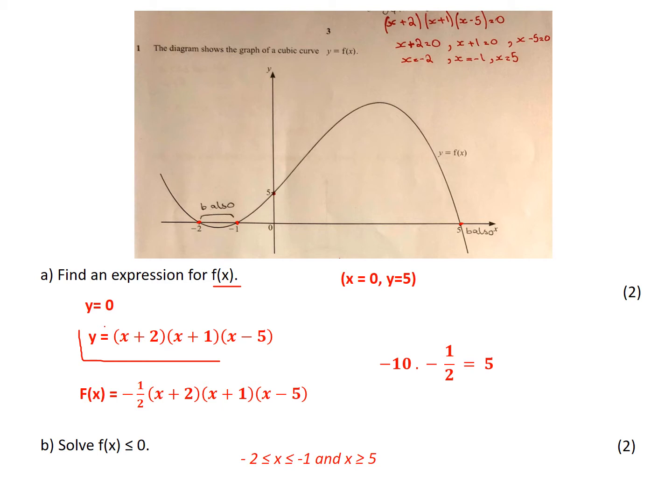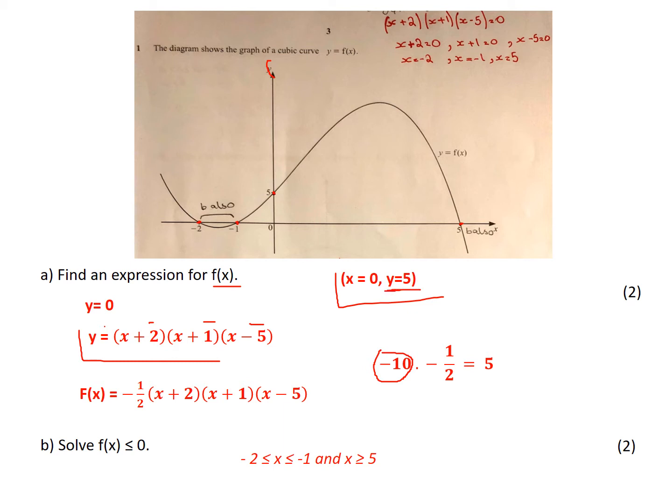Now we will see what is the point that is given to us at the y-axis. This is the y-axis. This is the point that is given to us, which is x0, y5. Now if we multiply 2 with 1 with minus 5, we will be having minus 10. Now as you remember, our y is equal to 5.